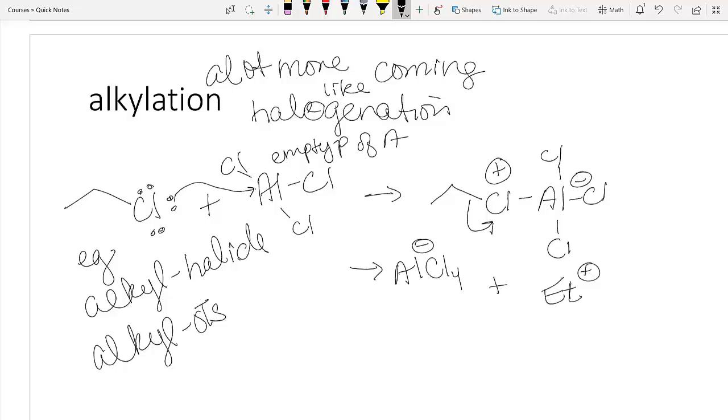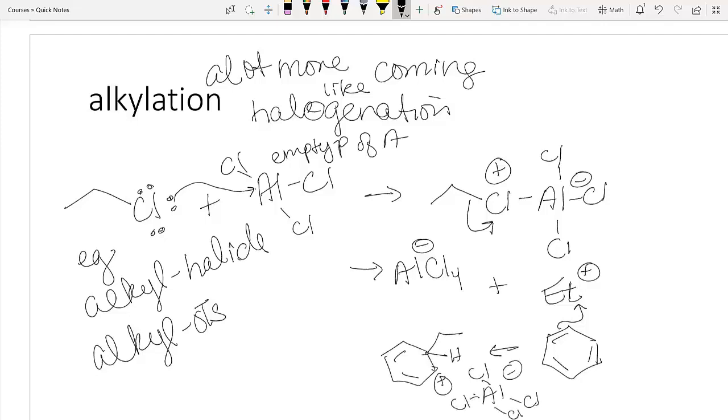This is going to be very reactive with your benzene. Base will come in, take its electrons from between the bond, and then here we've got ethylbenzene.